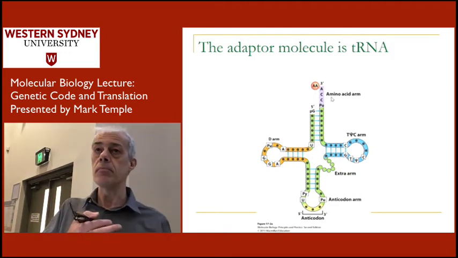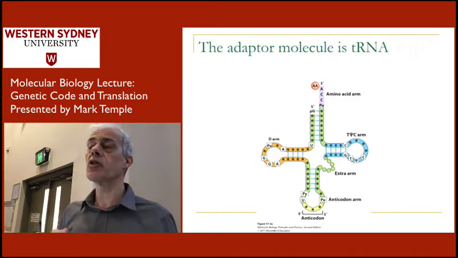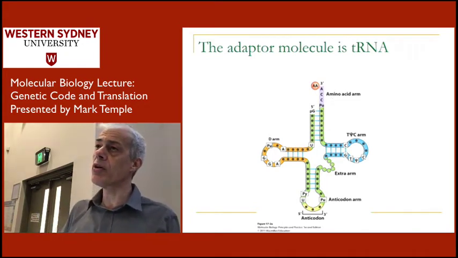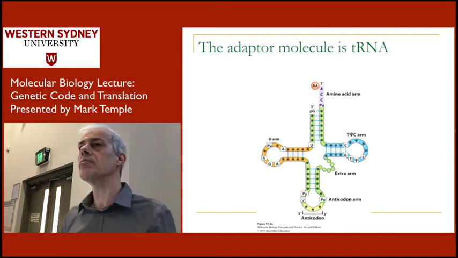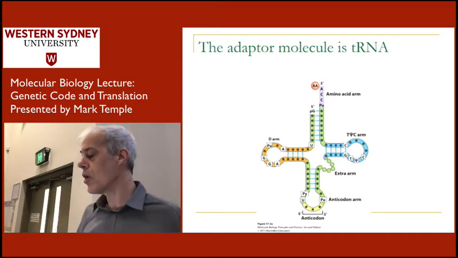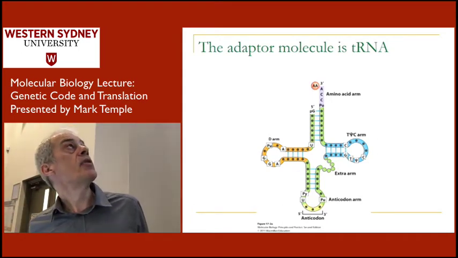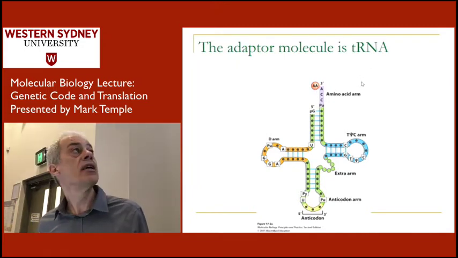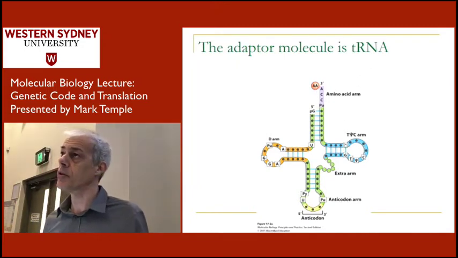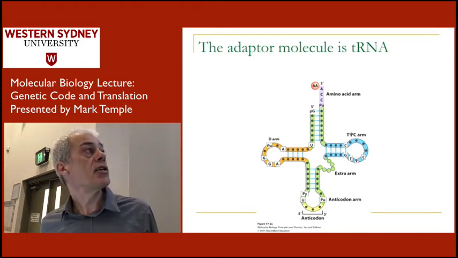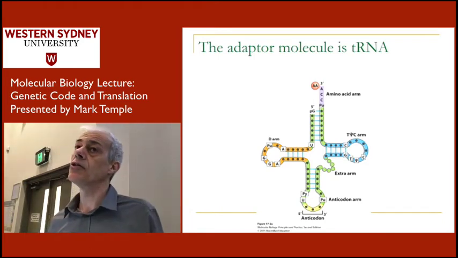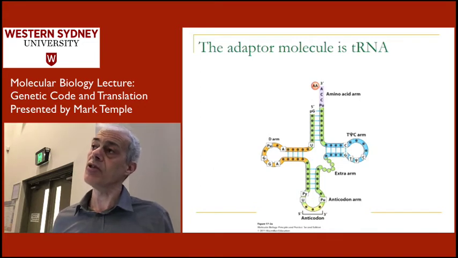We've talked about messenger RNA molecules, ribosomal RNA molecules, tRNA molecules, these transfer RNA molecules, small nuclear, micro, there are lots and lots of classes of RNA molecules. But this is the tRNA molecule, a transfer RNA molecule, and this is the adaptor molecule, or one of the adaptor molecules, that can translate from a messenger RNA to select an amino acid residue.